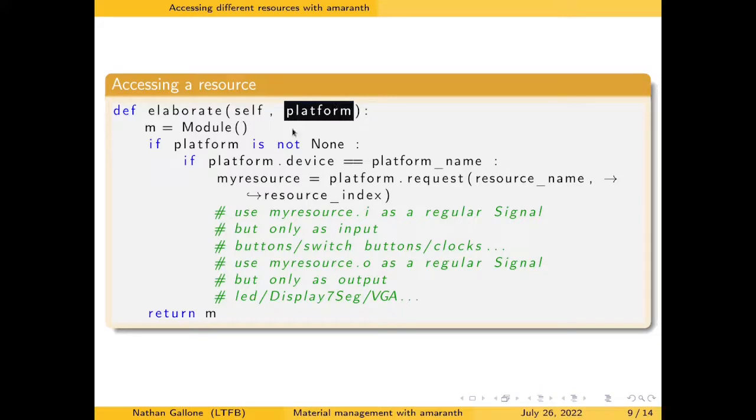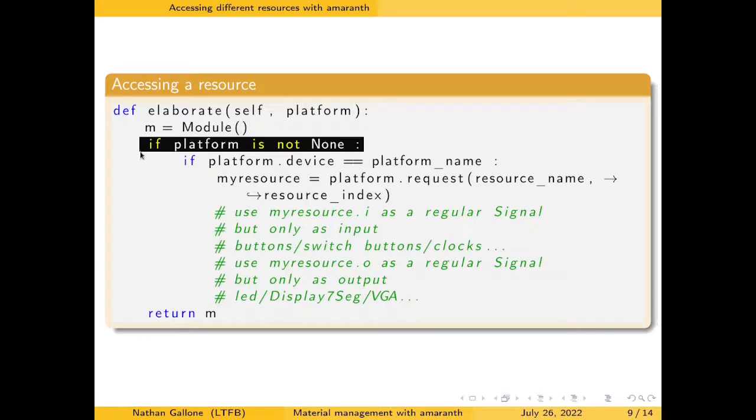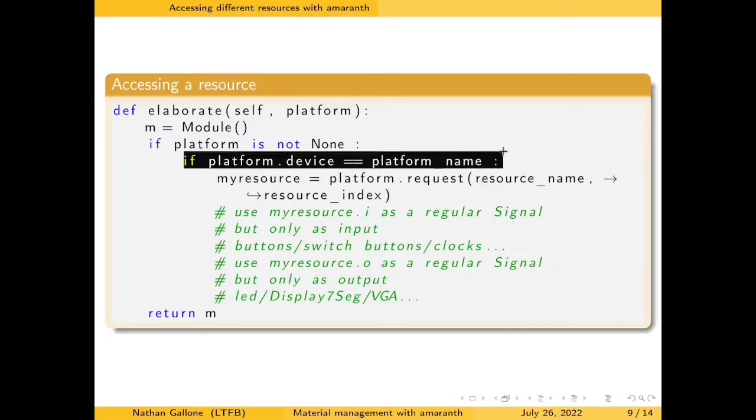We will make use of this platform to check if a platform is connected at first, and then once we have checked if the platform is connected, we can also check what kind of platform this is through the platform device attribute. And if we know which device we are using, we can refer to the description file of the platform we are using to know what are the resources we can request.